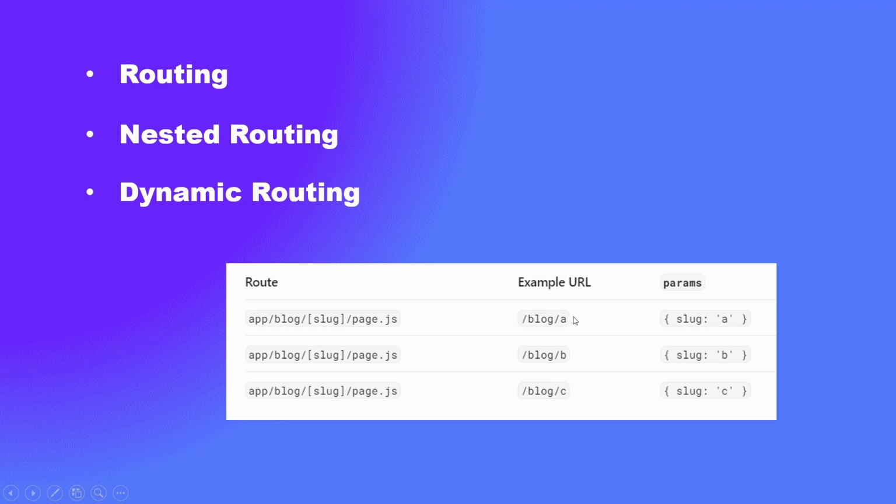In the URL we have provided a, so the value a will be assigned to the slug variable. Here we have the slug variable, and in the URL we have given the value b, so that value is assigned to the slug. In the same way here also, the variable value is assigned. In this way we will use dynamic routing.